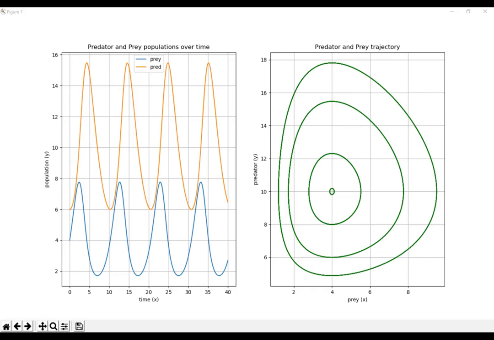Suppose we study the Lotka-Volterra system for 40 units of time. And we start with a prey population of 4 and a predator population of 6. And suppose that the coefficients alpha, beta, gamma, and delta are 1.0, 0.1, 0.1 and 0.4 respectively.